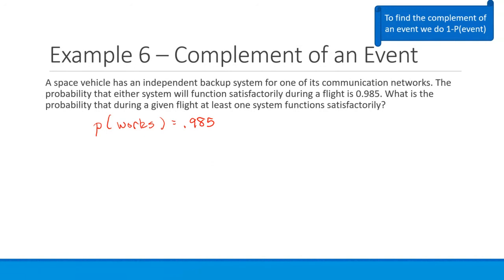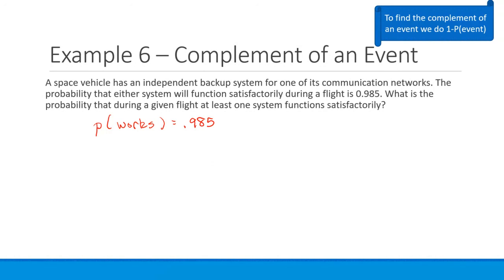So there are 2 ways to do this. We can look at the probability that at least one works, and then add in the probability that, since there's two systems, both work. Or what we could do is say, if we want the probability that at least one functions, that is 1 minus the probability of none of them working.